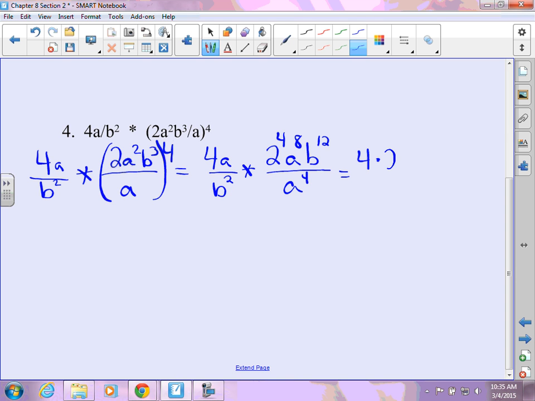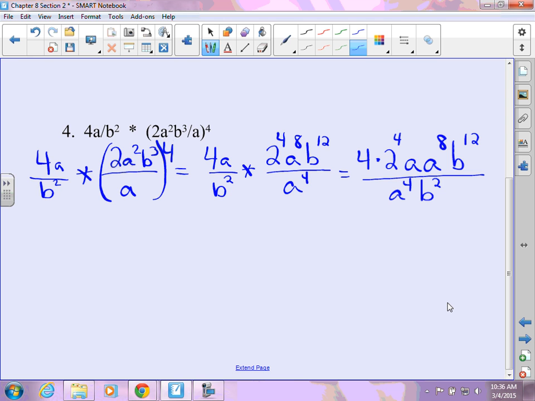A to the 4th, b to the 2nd. You okay? That step is really important, and a lot of students don't like to do it because it takes work. It's a lot easier to combine things when you have them in the right order. All right. So I reordered.